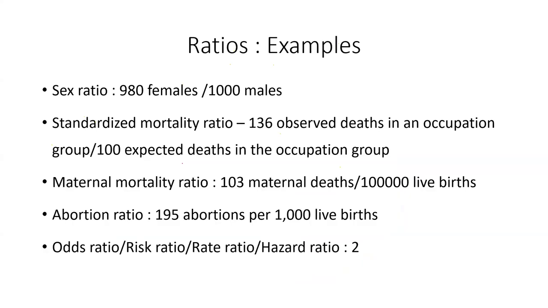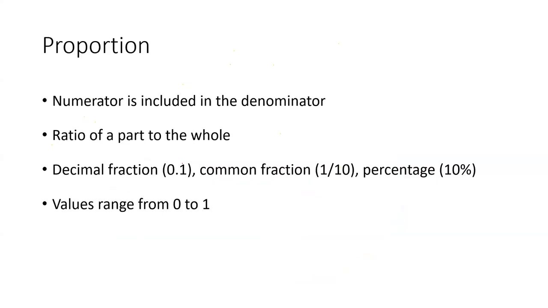All of these are examples of ratios. It could be in maternal health, or in your standardized mortality ratio, or in demography, where they are used. Proportion is where the numerator is included in the denominator, so it's a ratio of a part to the whole. You can report a proportion as a decimal fraction, a common fraction, or as a percentage. The value will range from 0 to 1, and if it's a percentage, from 0 to 100%.